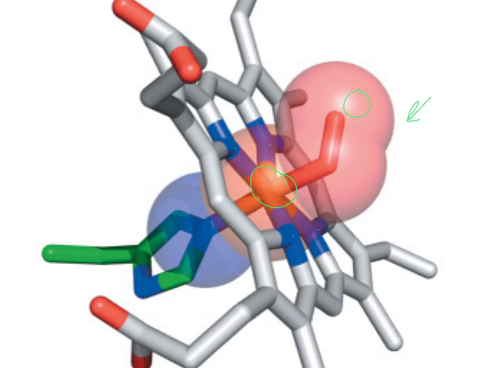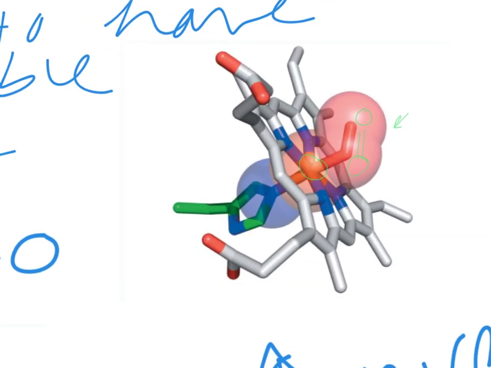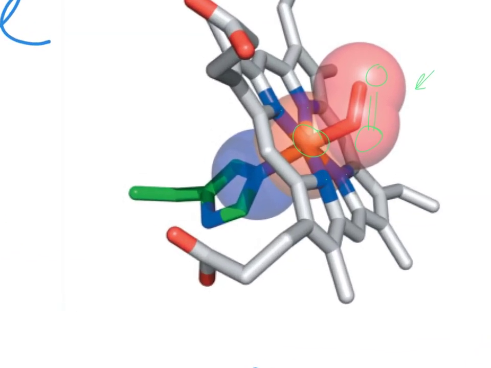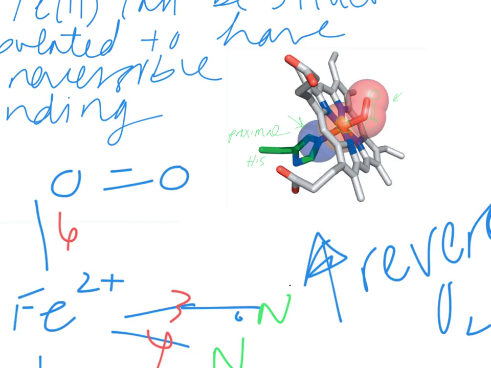This guy right here is O2, there's the blobby for O. And it turns out the 5th site, down here, is occupied by a histidine. We call this the proximal histidine. Let's talk next about where this proximal histidine even comes from.